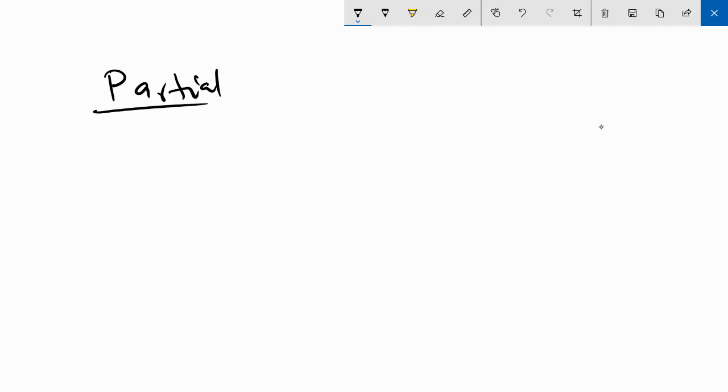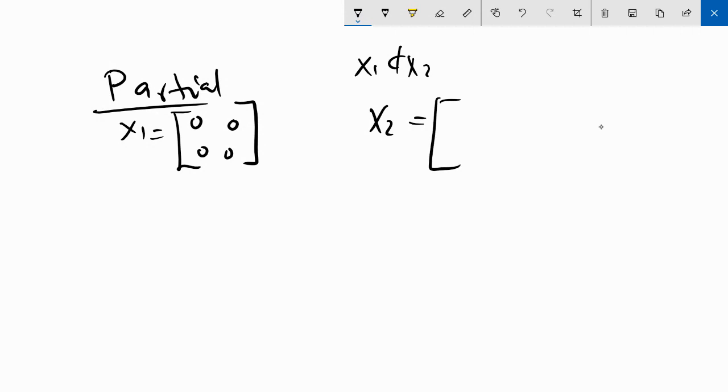Partial F. Now, assuming that we have x1 and x2. When you want to find the matrix of x1, it will have how many values? Two values, isn't it? So they have this matrix. Matrix of x2 will have values like this.